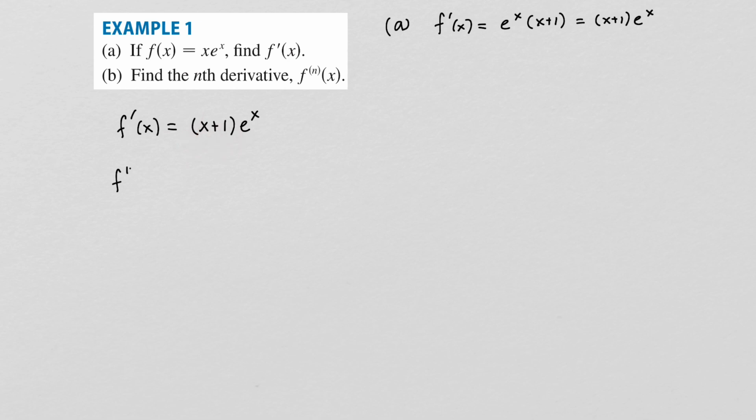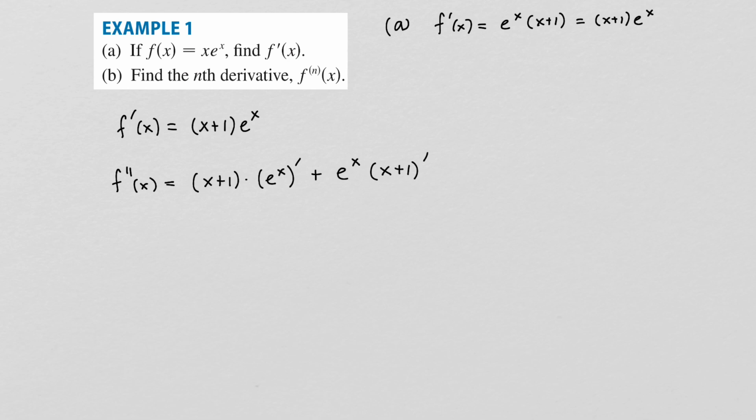And to do our second derivative, we are going to use the product rule, because we have the product of x plus 1 multiplied by e to the x. So the product rule states that the derivative is going to be the first function, x plus 1, multiplied by the derivative of the second function, plus the second function, e to the x, multiplied by the derivative of the first function.